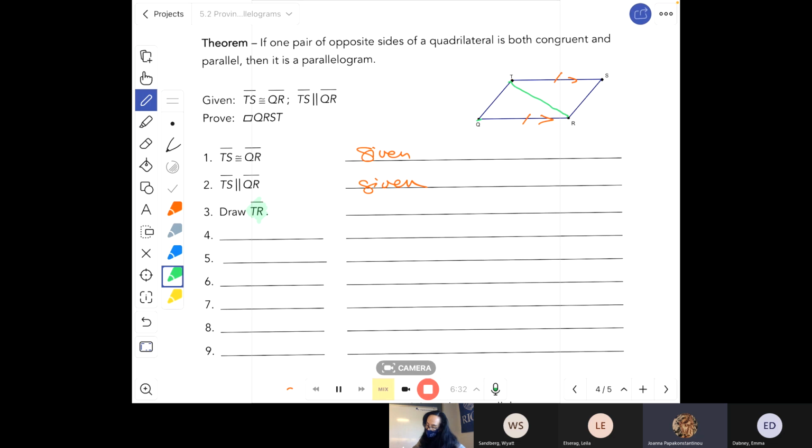We know this why? Because? Now, kind of similar to the last one, what would you state next? Yes. By what property?